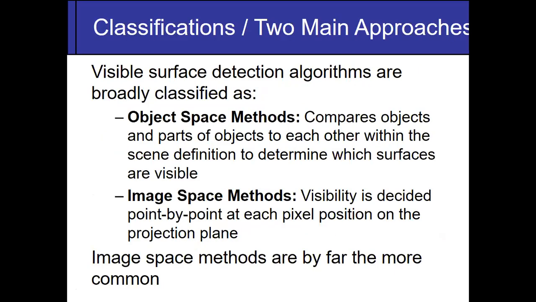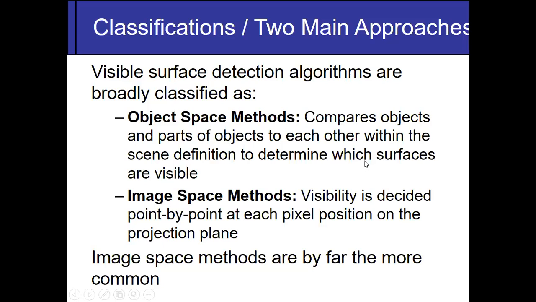There are two approaches mainly. The entire range of algorithms, some 8 to 9 algorithms, are basically classified into two types. One is called the object space method, and one is called the image space method. The object space method is by far the least efficient method. Here, we compare objects and parts of the objects of the scene to each other.